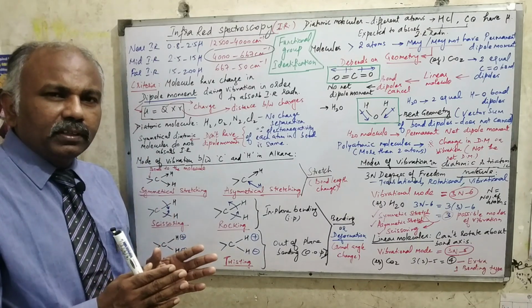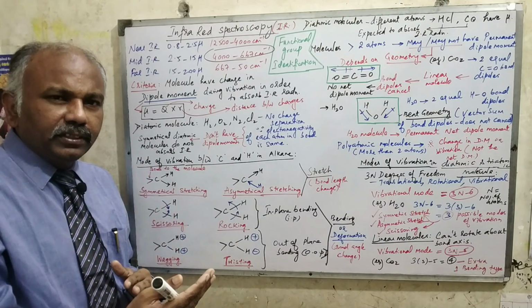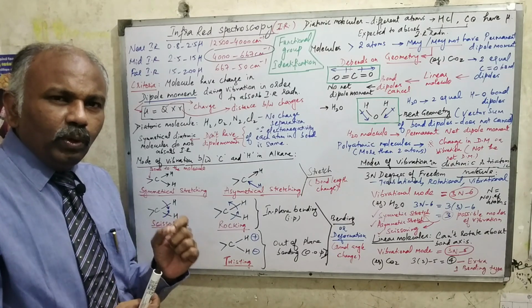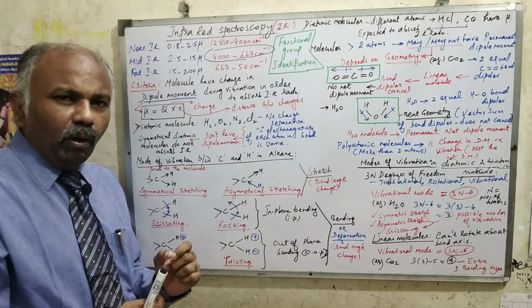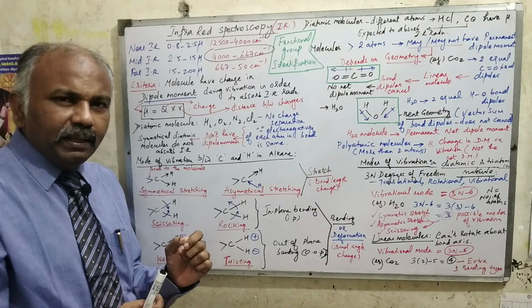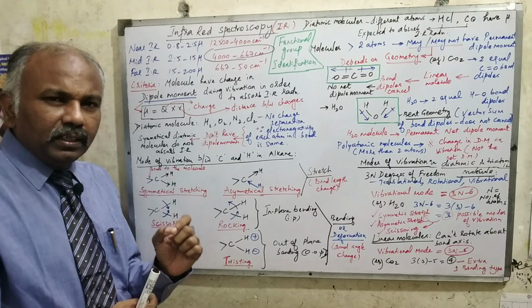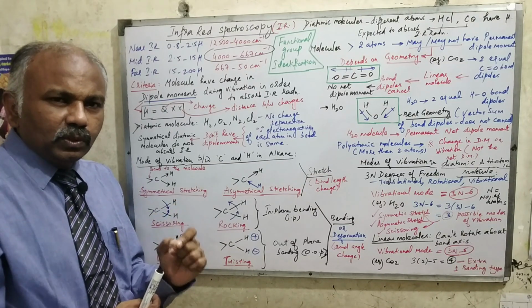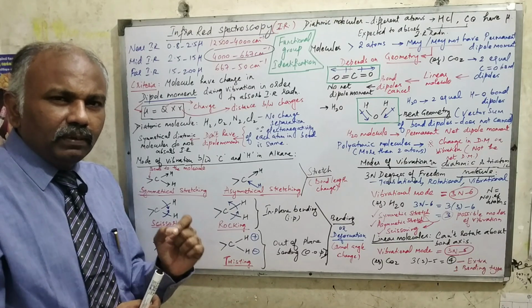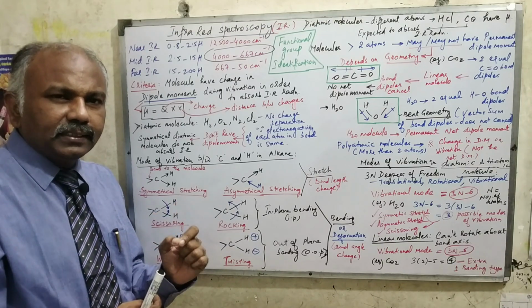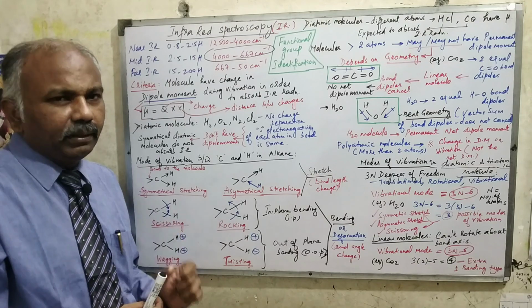Whereas the fingerprint region is a very unique region for identifying every molecule, because even though it is densely populated, each and every molecule has a unique fingerprint region. The fingerprint region ranges from 1300 centimeter inverse to 910 centimeter inverse.